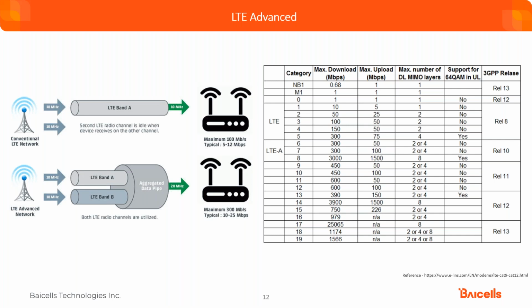But what you can't change is if you've purchased a Cat 4 and you're looking to use carrier aggregation, we've often seen customers that have to go out and start replacing some of those Category 4 devices with Cat 6 devices or even Cat 15 devices to take advantage of the additional data throughput speeds that are available through carrier aggregation.